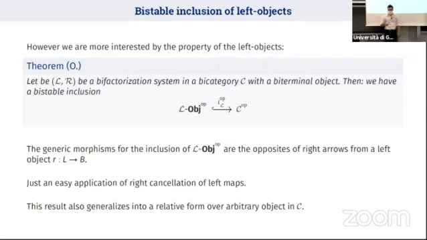And the generic morphisms for this bistable pseudofunctor are exactly the opposites of right maps from a left object into an arbitrary object. This can be proved just as an easy application of the right cancellation property of left maps. And also it's relativized over any object.